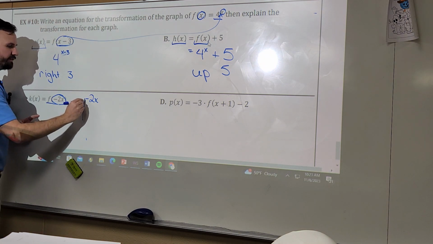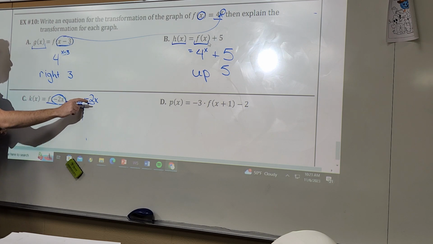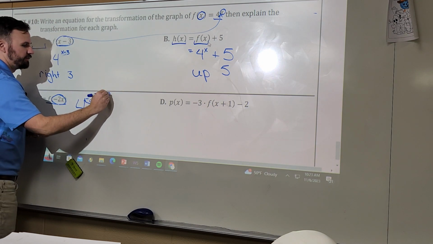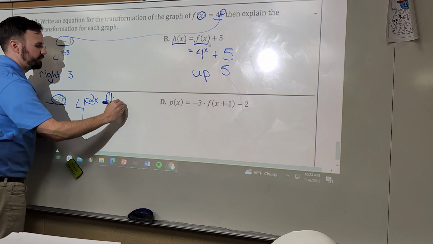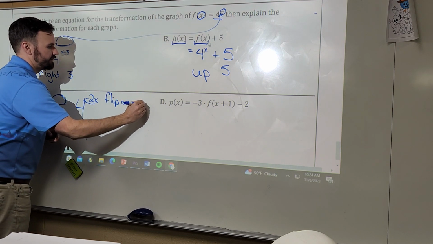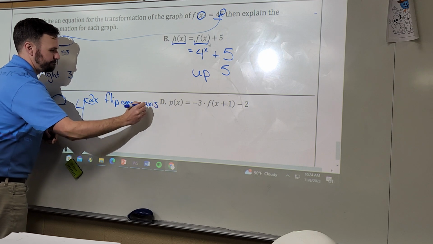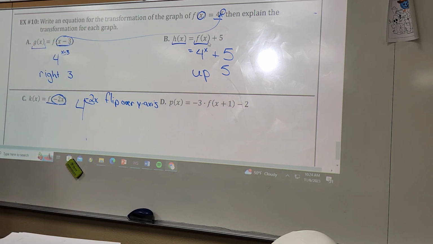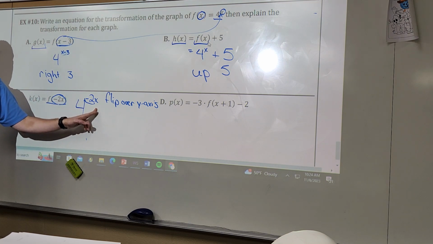Two, right? What's the negative do? Flip over the y-axis, or reflect. What's that 2 do? Dilates. It's going to be a dilation. It's going to be horizontal because it's inside by the x, right?